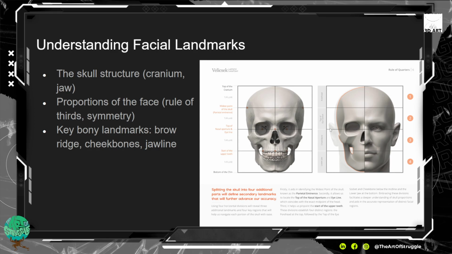Remember this. I'm going to try to beat it into your head, because if you remember these features, you remember that these things line up, at least the base of your sculpt will be generally in the right place, right? Then the start of the upper teeth, and then the bottom of the chin. These are the landmarks that you guys should remember.